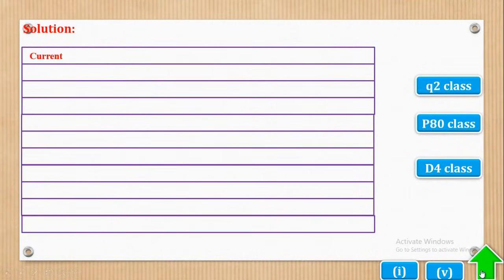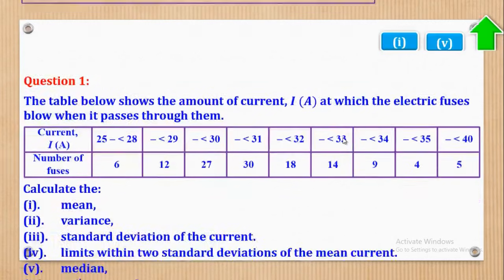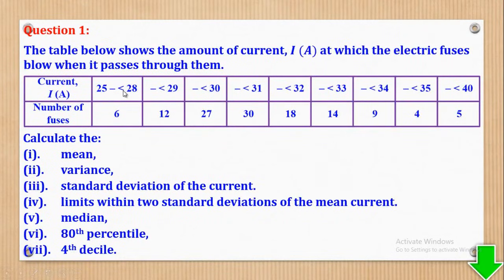Okay, that is 1. Then 2, when they are inequalities, it implies that the class limits are the same as the class boundaries. So what does that mean? It means that drawing 2 columns, one for class limit, another for class boundary, will be repetition.